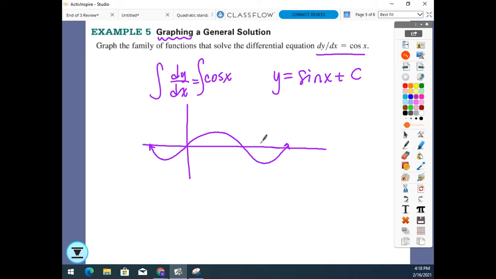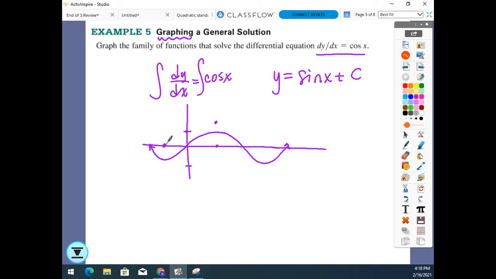What if the constant is 1? Then everything is getting shifted up 1.